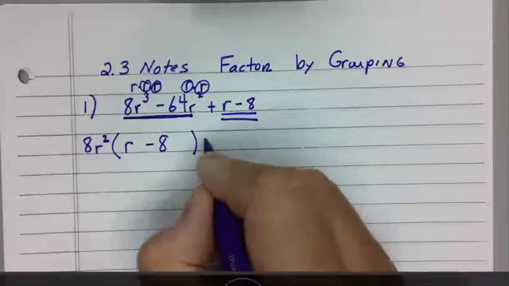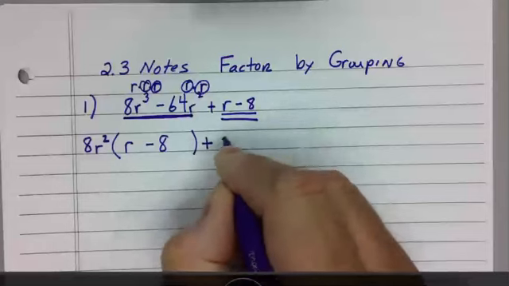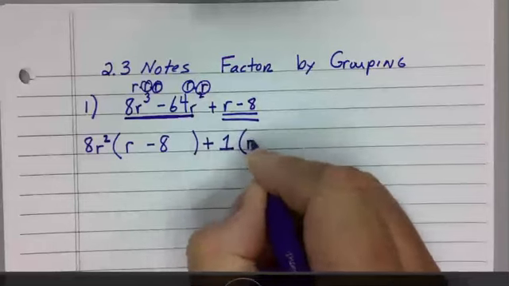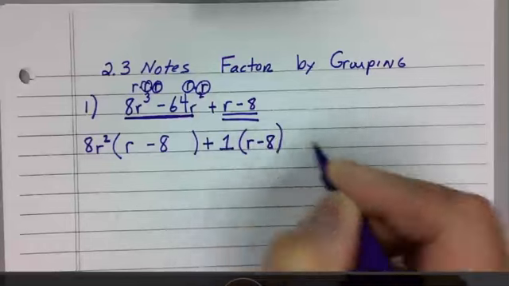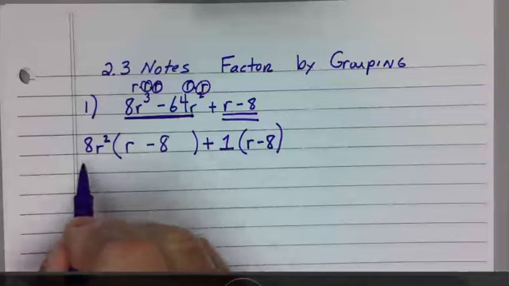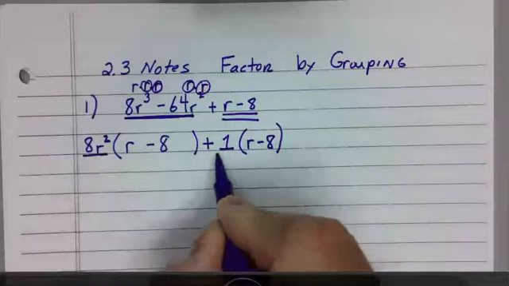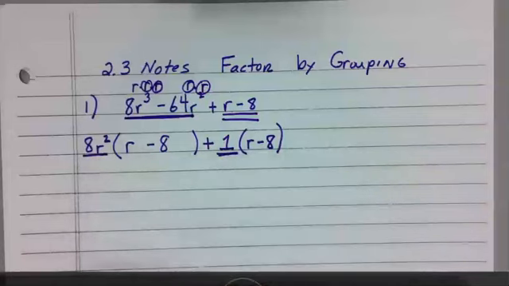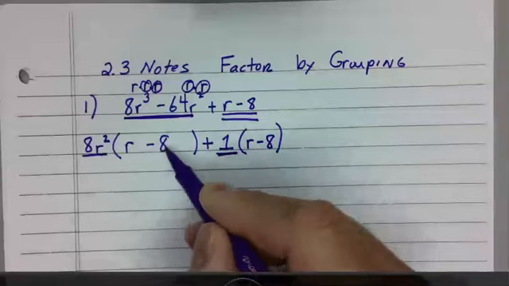Your second one, there really isn't anything to factor out other than 1. So what do you notice now about these 2 that you factored out the GCF? Here's the GCF of this one, and here's the GCF of that one. What do you see that's the same now? Aren't these 2 here the same?